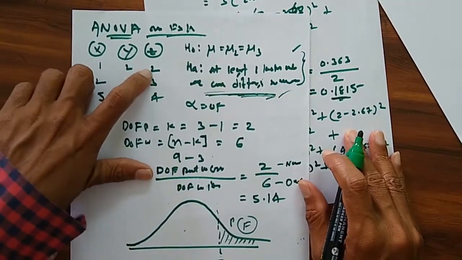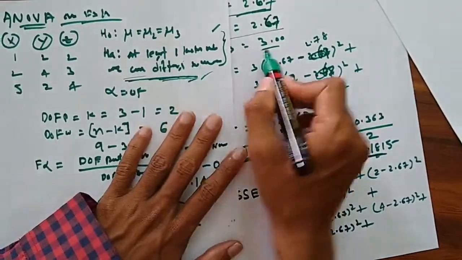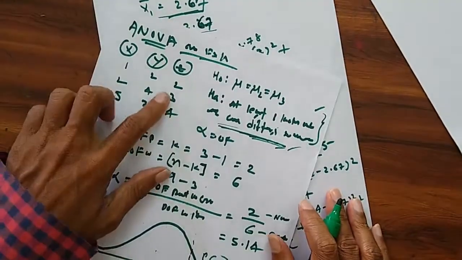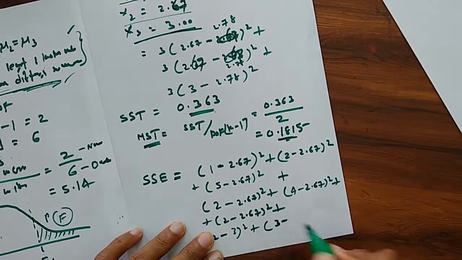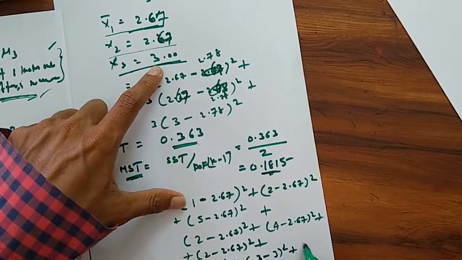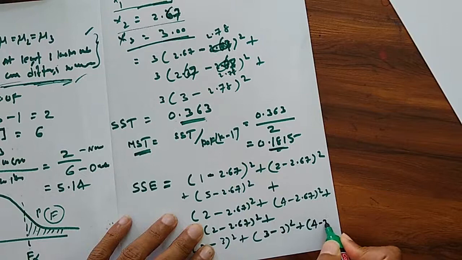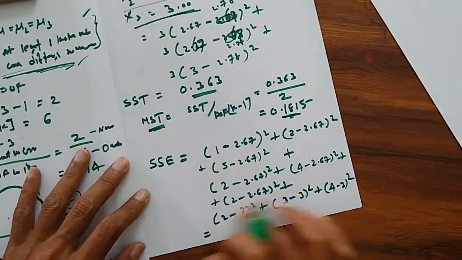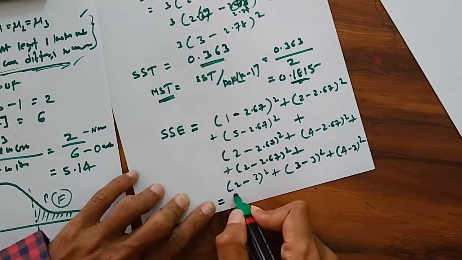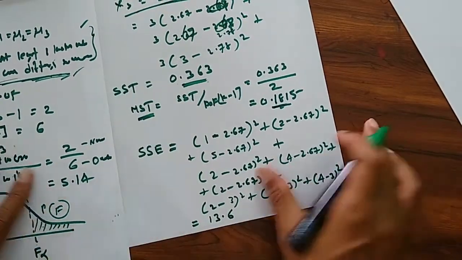In the third sample, the first element is 2, so 2 minus the third sample mean 3 whole square, plus the second element, 3 minus 3 whole square, plus the third element, which is 4, 4 minus 3 whole square. Once you do this calculation, we get SSE as 13.6. Okay, so we got SSE.